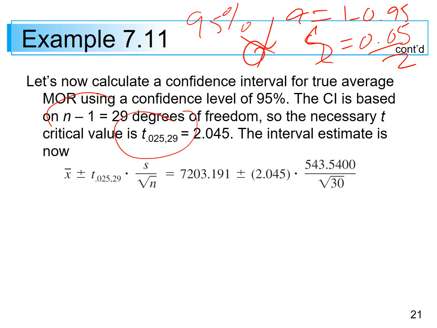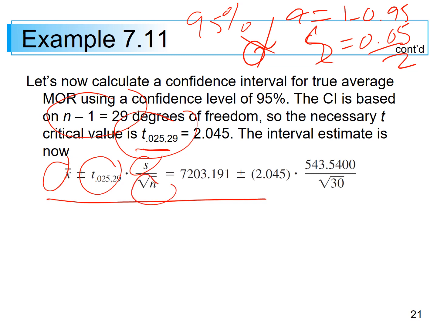So it is 30 minus 1. The t-critical value is then t.025,29. We can find the value of the t-critical value from the tables. And now we can compute the confidence interval by substituting the values of the terms: sample mean plus or minus the t-critical value times the sample standard deviation divided by the square root of n.